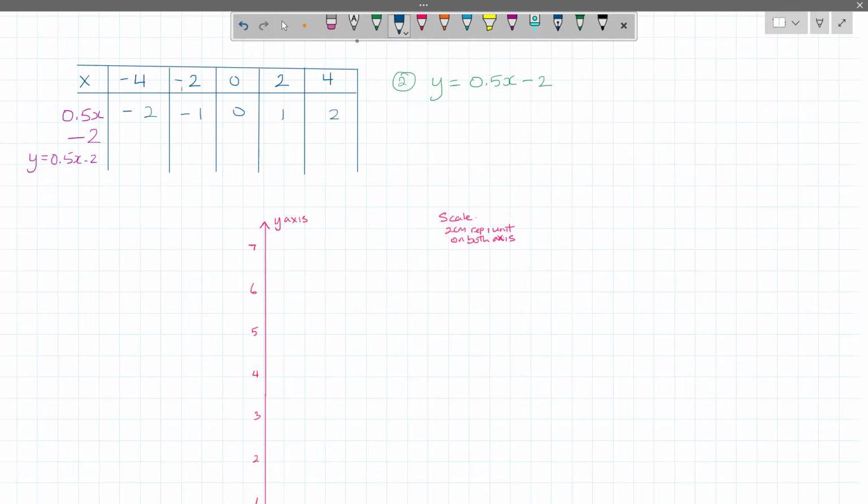So you see what I'm doing? I'm basically splitting up the equation into its individual terms and working it out, especially where I have the variables involved, meaning the x, because this here is assuming these values. So I need to multiply by 0.5 each one of these to get individual values. And then what I will do after that is I'll just subtract 2 from each of them. Right?